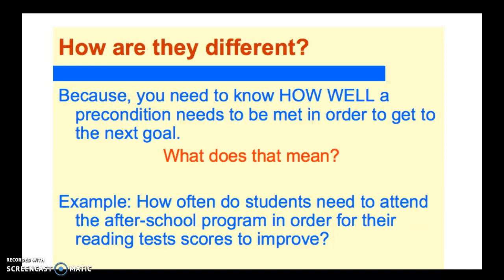And so in the theories of change model, especially, and I made this comment on a lot of your objectives assignments as well, you need some research to support or back how this change is going to be affected. So for example, in this example, right? You might find some studies or some review articles to show how often students attended their after-school program in order for reading test scores to improve, right?